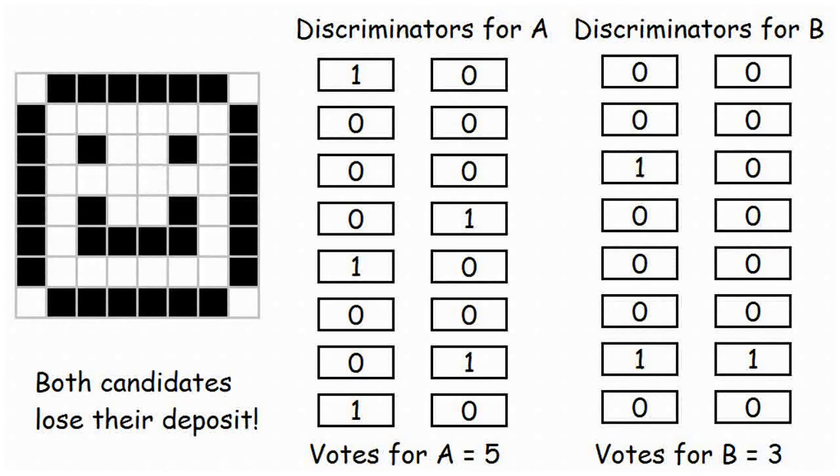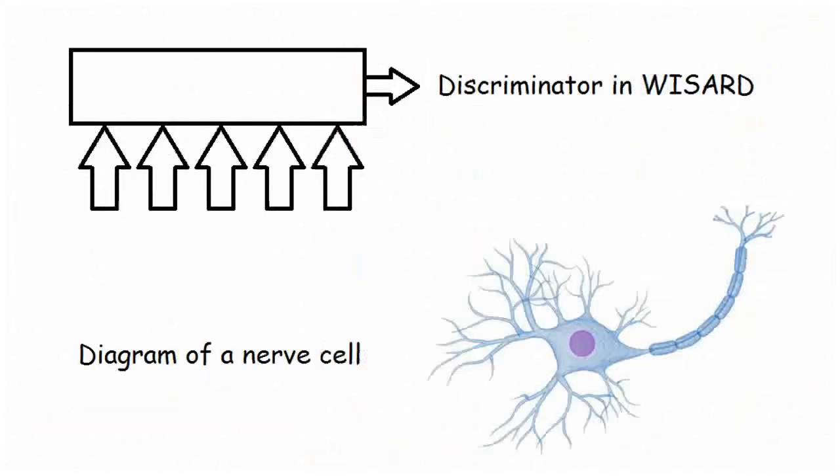Repeat for the other examples of that pattern, then repeat the whole procedure for the other patterns, training the appropriate sets of discriminators in the same way. Finally, to test the whole system, present an example of one of the patterns that the discriminators haven't seen yet. Whichever set of discriminators produces the highest number of 1s gives the pattern that the system thinks has been presented.